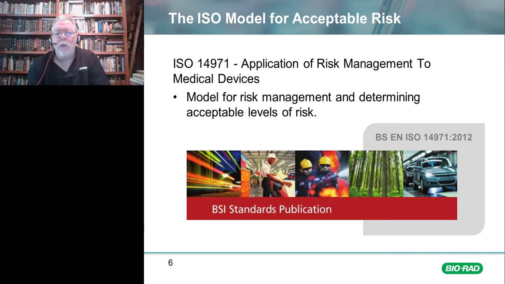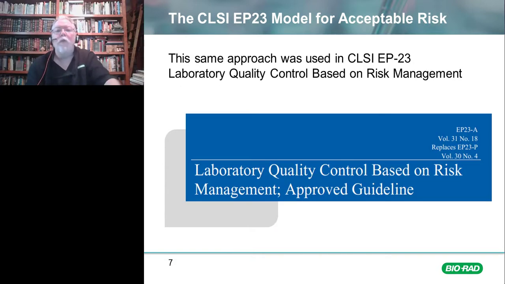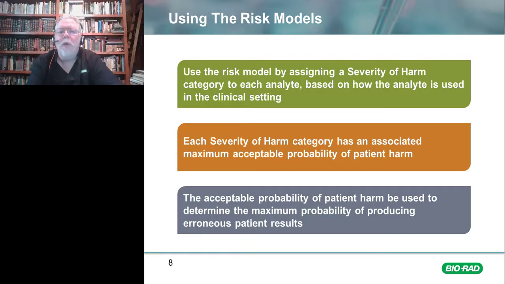This same approach was also used in EP23, the CLSI laboratory quality control based on risk management standard. They both use this same risk model, and the concept is pretty straightforward. You use the risk model to assign a severity of harm category to each analyte. And that category of harm is based on how we are using these test results in a clinical setting.